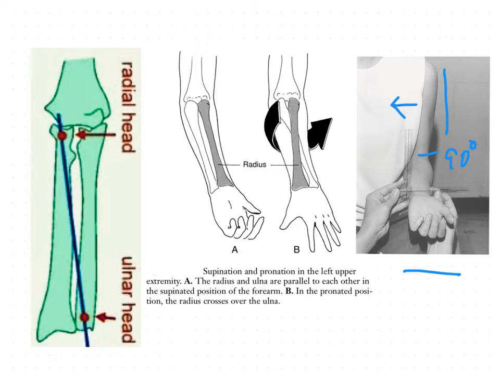This position of the elbow stabilizes the humerus. Here the upper arm is attached to the trunk, so no movement is taking place at the shoulder joint. For that reason, we have to maintain this position. Then only can we get the exact movements taking place in the radio-ulnar joint. In any other position, there will be simultaneous or concomitant movements in the other joints, and then we will not get the exact range of motion.